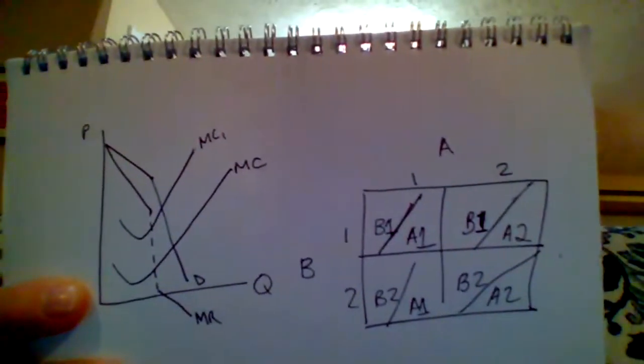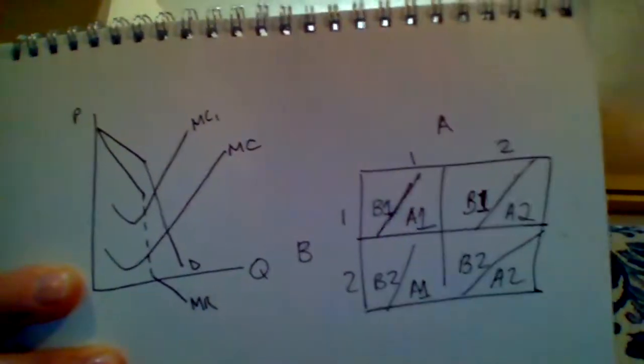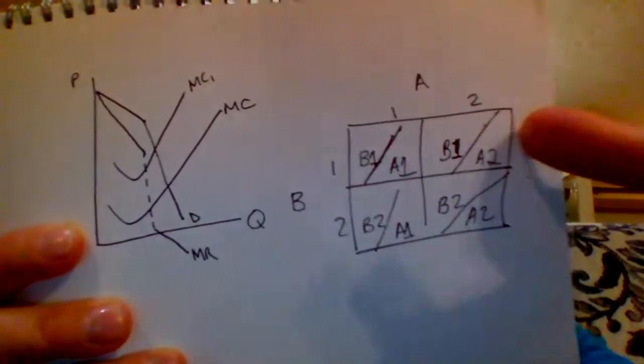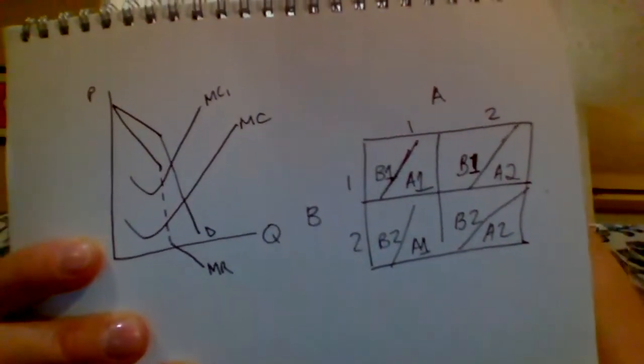When we go through here, we can see the different combinations. Remember, the person on this side is always the first one, and the person at the top is always the second one. So that's my payoff matrix.